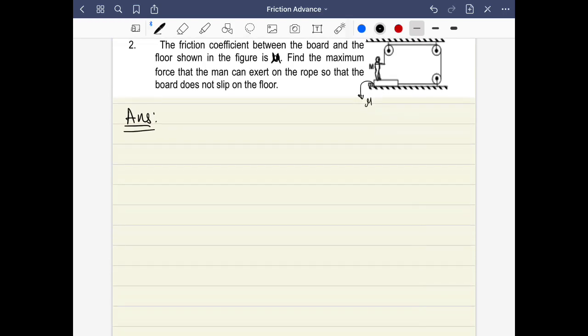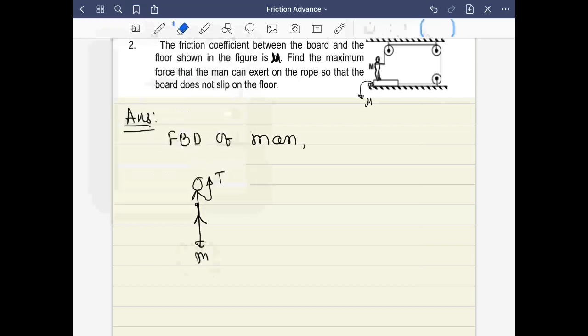So now here I can draw the FBD of capital M, that is man. So FBD of man will be, so this is the man, this is the rope tension T we have, again mg is acting in downward direction, and this m we have is capital M, as you can see.